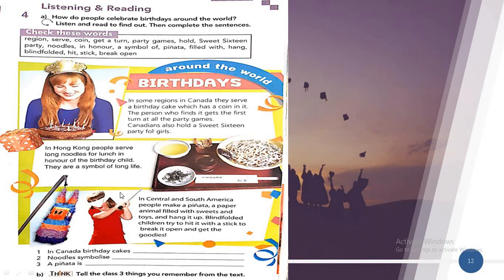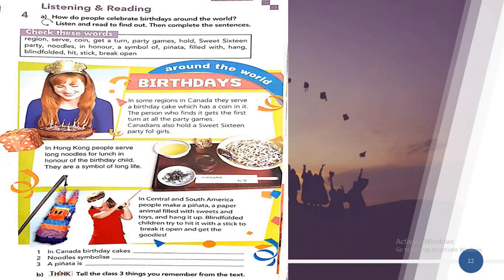A pinata is a paper animal filled with sweets and toys, and they hang it up. Blindfolded children try to hit it with a stick to break it open and get the goodies. So, these are 3 examples of birthdays around the world.